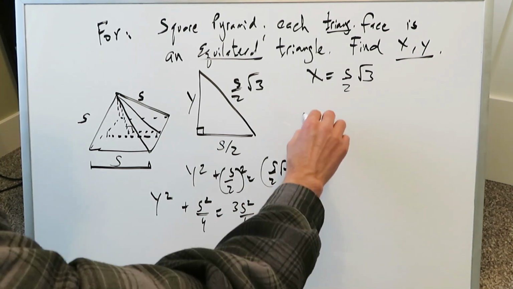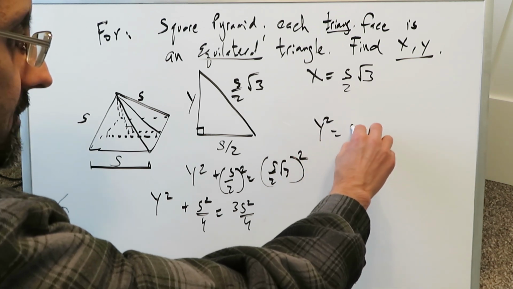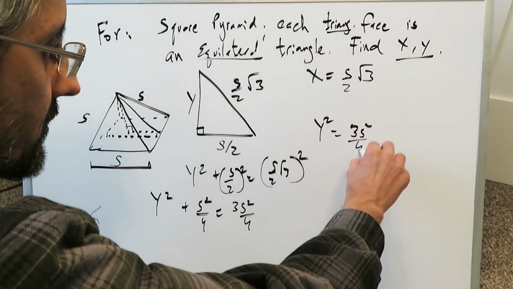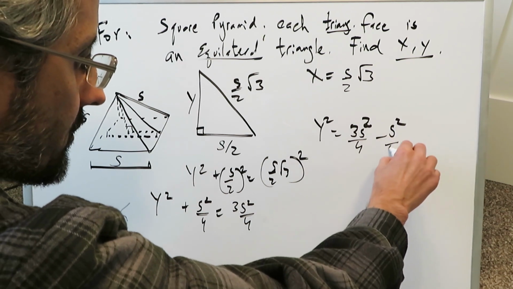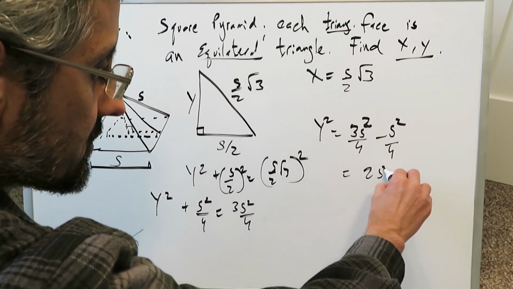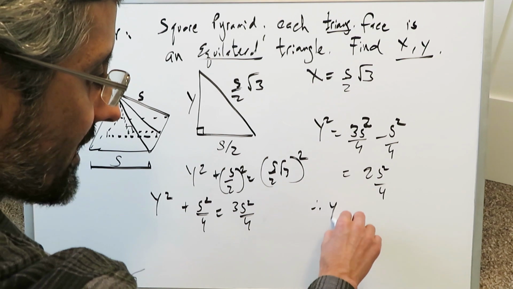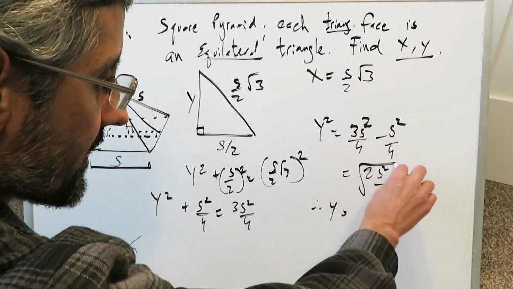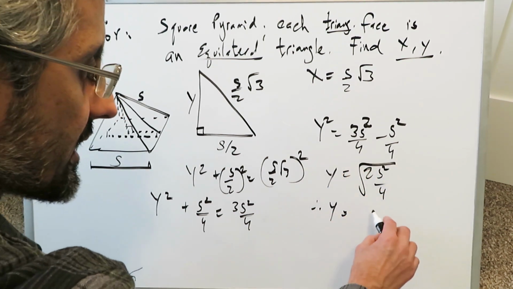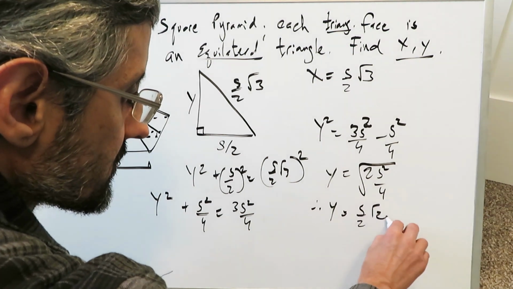Now I have to still solve for y square. y square is equal to 3s square over 4 minus s square over 4, which is equal to 2s square over 4. Therefore, y is equal to the square root of all of that, which would be s over 2 root 2.